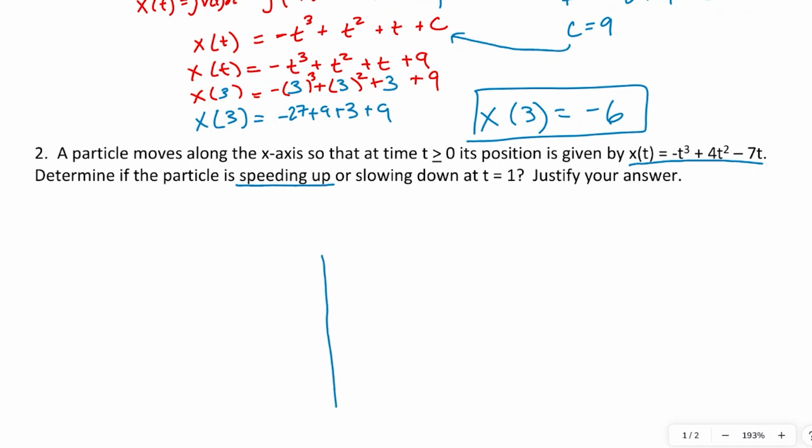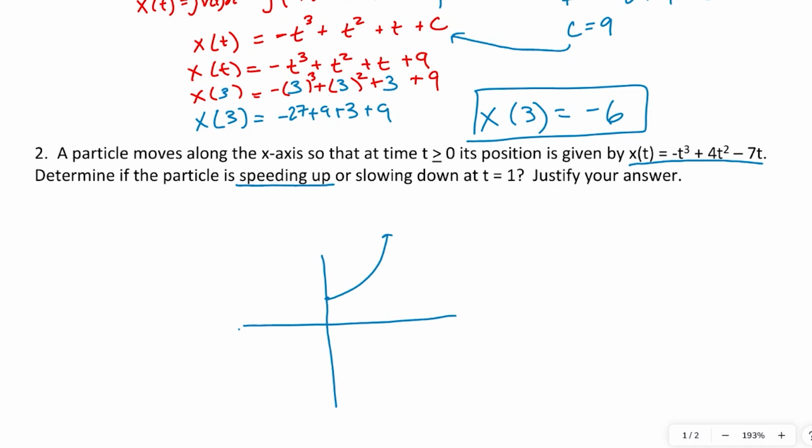But consider a curve that looks like this. Okay, if I have a positive acceleration, that means my curve is concave up. Okay, so let's say it's something like this. All right. Does that look like the object is speeding up or slowing down? Speeding up, okay?